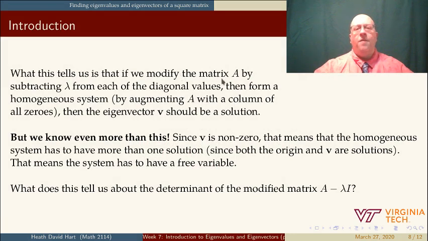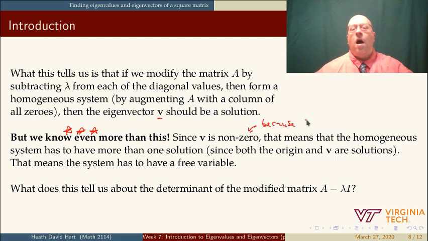So if we modify the matrix by subtracting lambda from the diagonal values and then form a homogeneous system, then V, the eigenvector that we started out with, is a solution. But we know even more than this. V is not 0 because eigenvectors are not allowed to be 0.